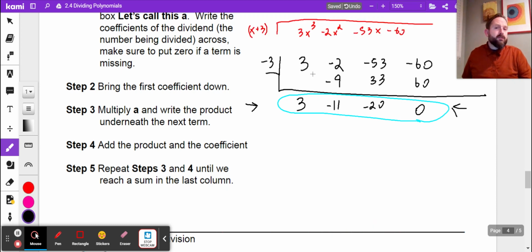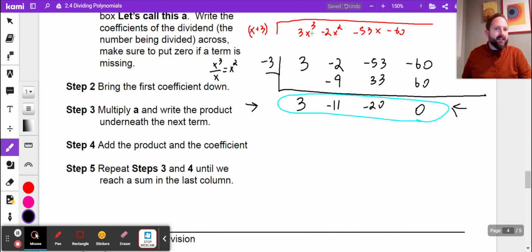All right, guys. So what we're doing is we're taking this polynomial, and when we divide x cubed by x, it's going to give us x squared. So these right here are all the coefficients, but we just have to make sure that we write it out.